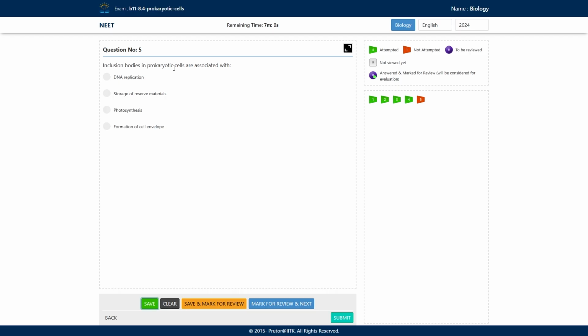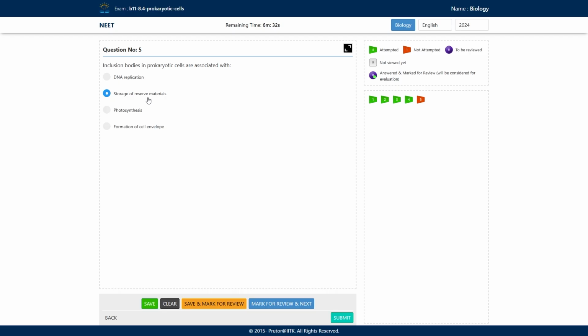Next, inclusion bodies in prokaryotic cells are associated with DNA replication, storage of reserve materials, photosynthesis, or formation of cell envelope. Option number B will be the correct answer here: storage of reserve materials.